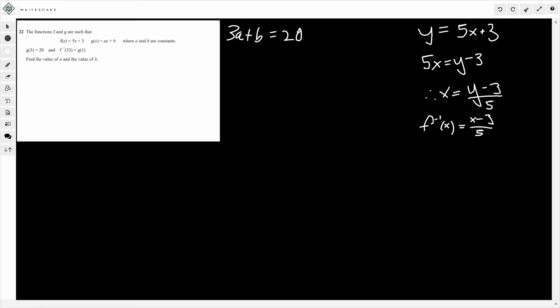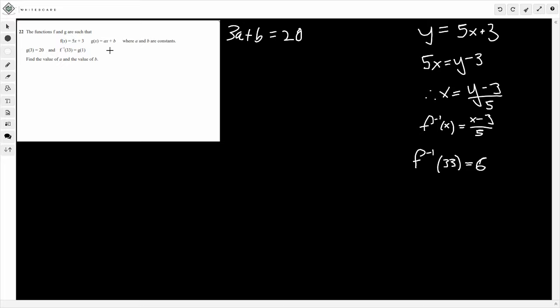So what do we get when we put 33 in here? So f inverse of 33 is going to be equal to 33 minus 3 divided by 5. So 30 divided by 5, that's 6, right?